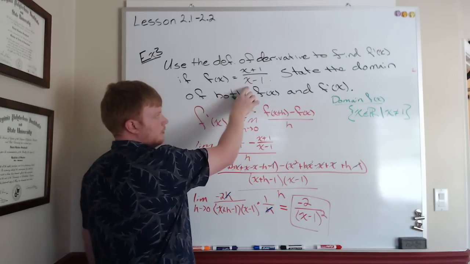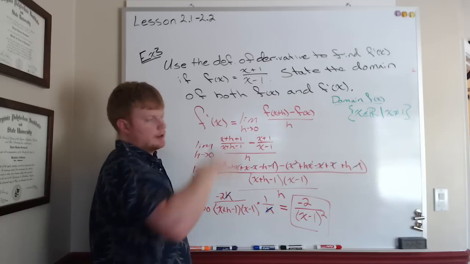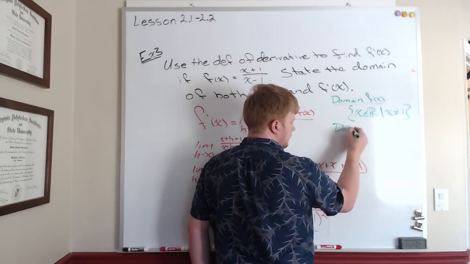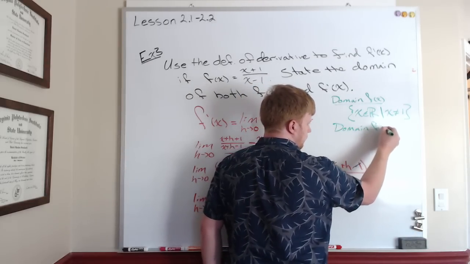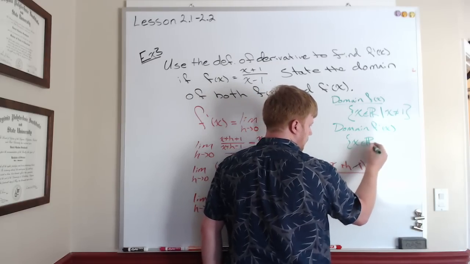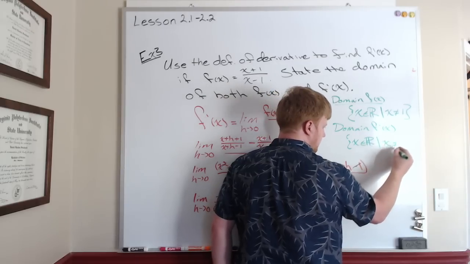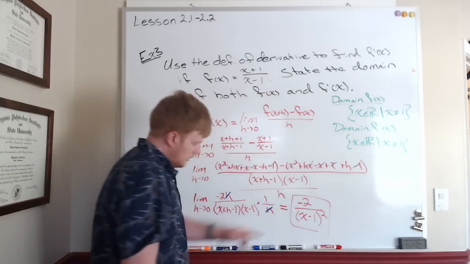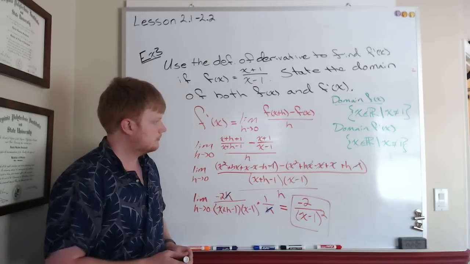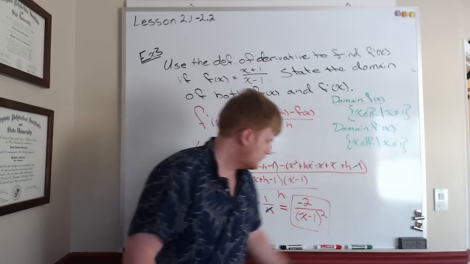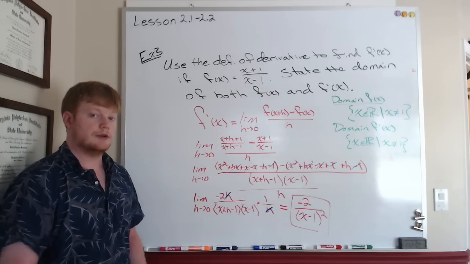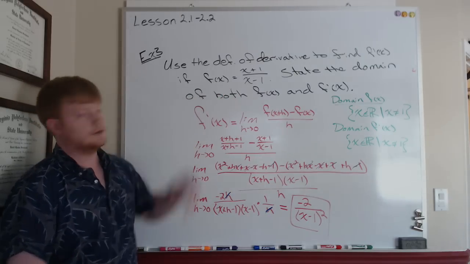Right? If x is equal to 1, then we have 0 in the denominator. There's a vertical asymptote there. Okay? And the domain of f prime of x is again the real numbers such that x is not equal to 1. Again, x cannot be 1, otherwise we'll have 0 in the denominator. So that's using the definition of derivative to find the derivative function of a given function.